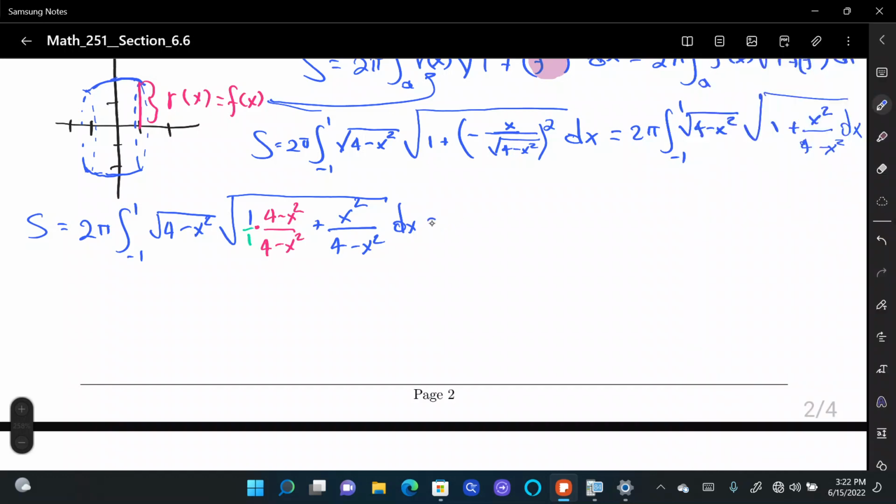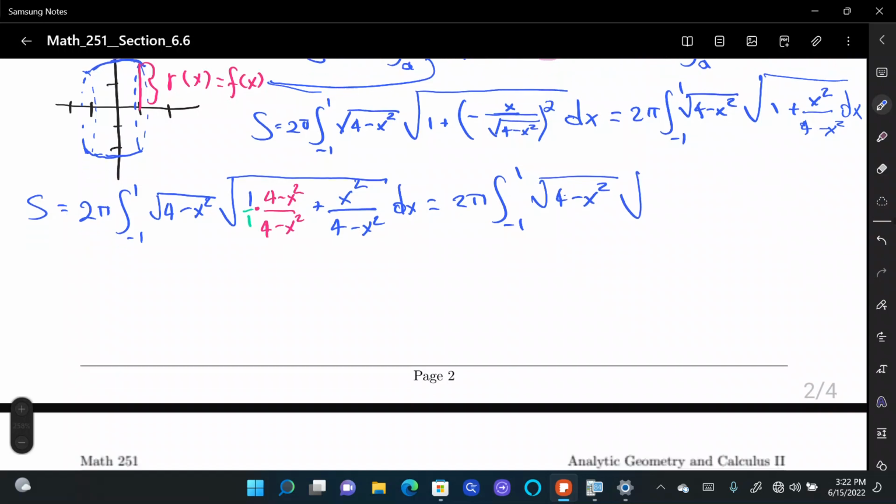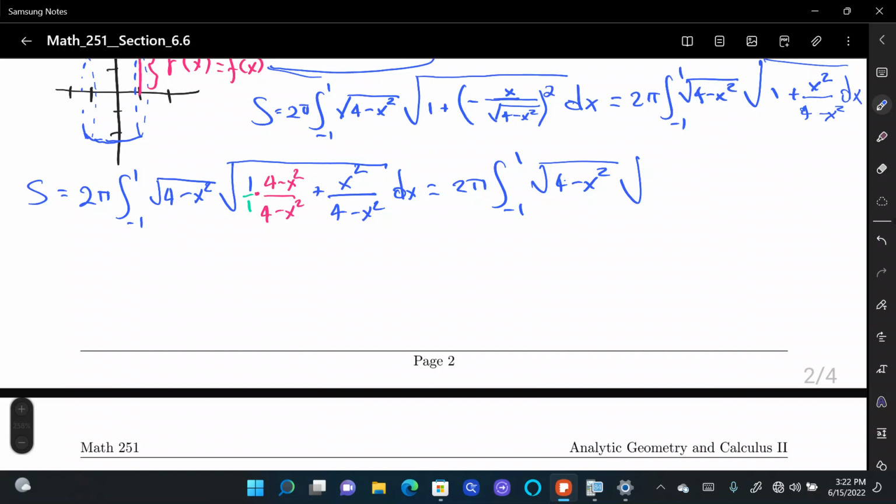So in this case, 2 pi, the integral from negative 1 to 1, square root of 4 minus x squared times the square root of the numerator. It's going to reduce really nicely. So this is 4 minus x squared plus x squared divided by 4 minus x squared.